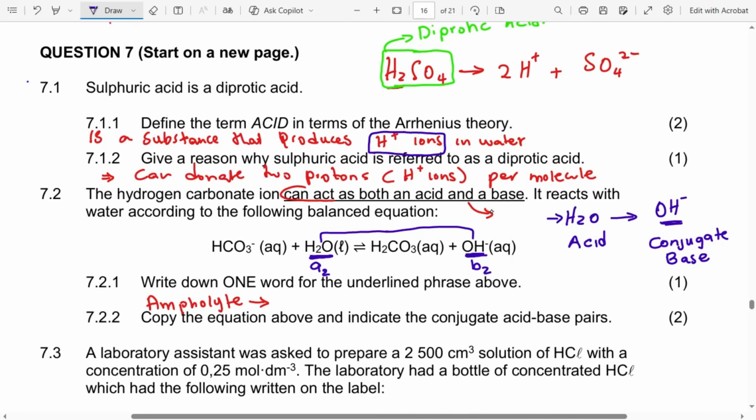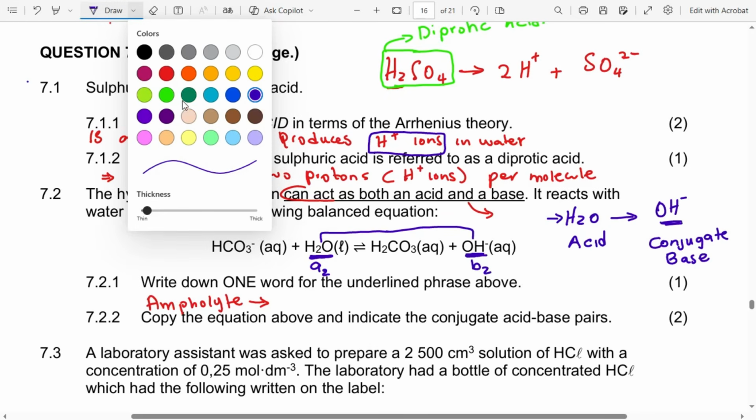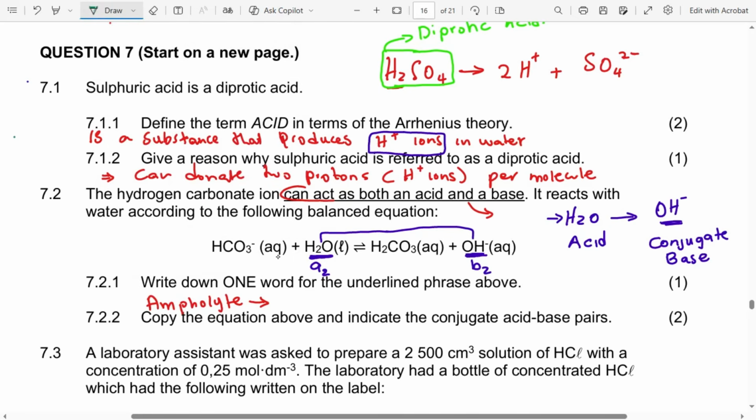When we analyze the other one, let me quickly work that in a different marker. We can see that we have the HCO3 minus, then it becomes the H2CO3. So it accepted. A base is a proton acceptor. Since this is the one that accepted the hydrogen, we call it the base.